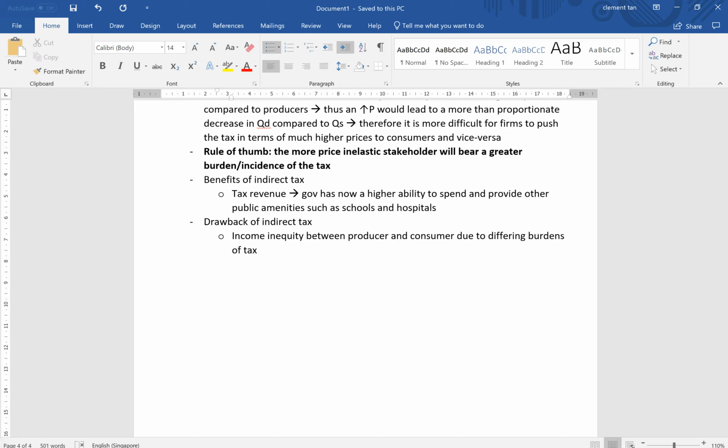It also leads to income inequity between higher and lower income consumers, as the tax represents a bigger proportion of the lower income consumer's income level.